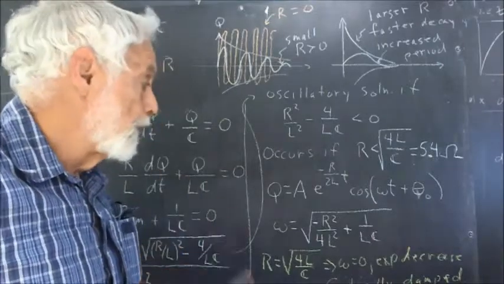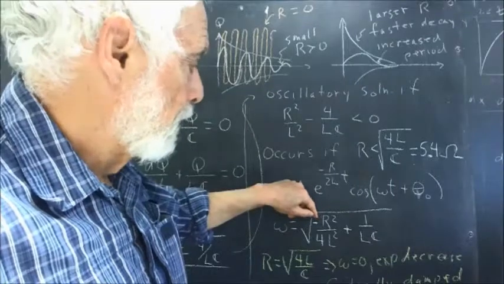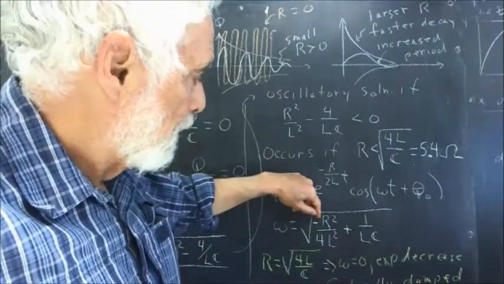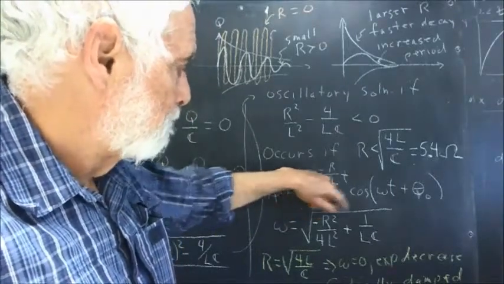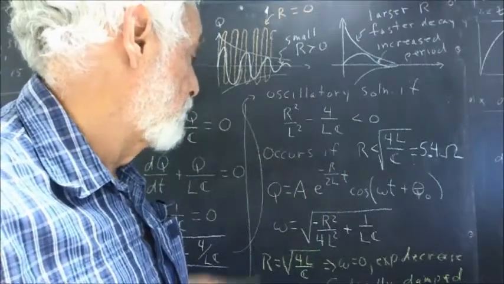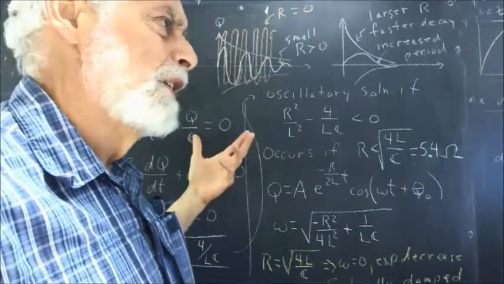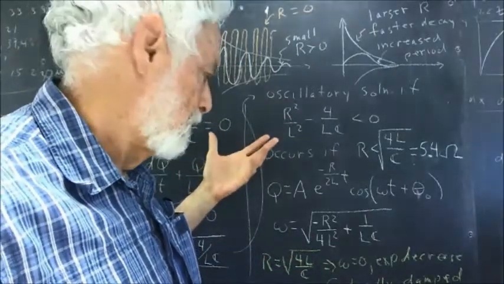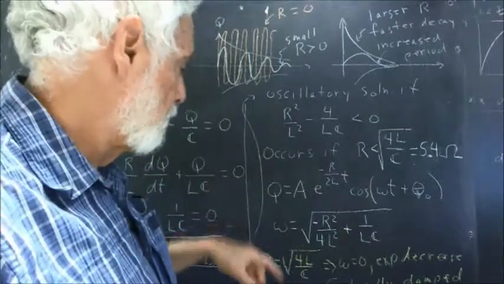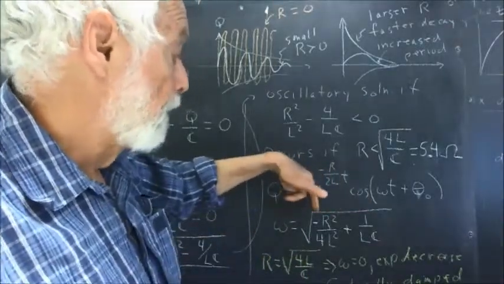The frequency of the oscillation is going to be affected because as R starts to increase, this number under here gets smaller. Okay, so omega, did I say the frequency is going to decrease? The period is going to increase. The angular frequency is going to get smaller. It's going to decrease.